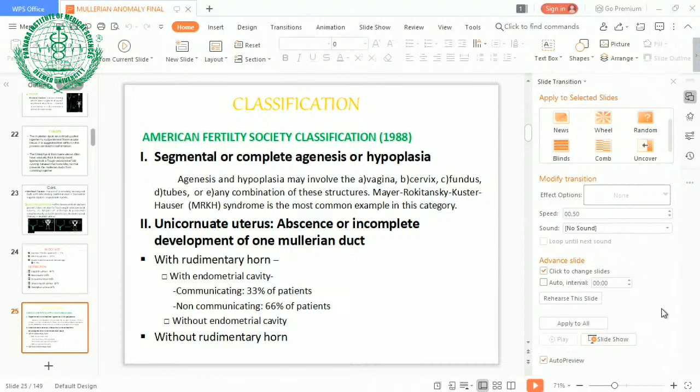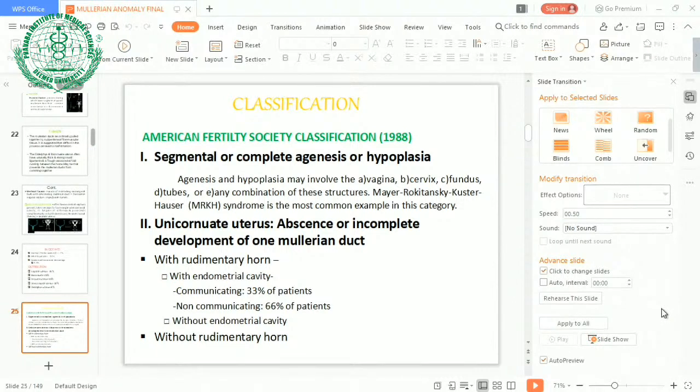Mayer-Rokitansky syndrome is the most common example in this category. Class 2 is unicornate uterus, that is absence or incomplete development of one Mullerian duct. It is subdivided in two, with rudimentary horn and without rudimentary horn. With rudimentary horn, it may be with endometrial cavity.